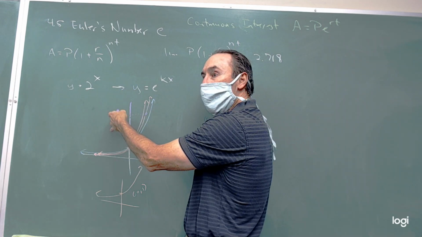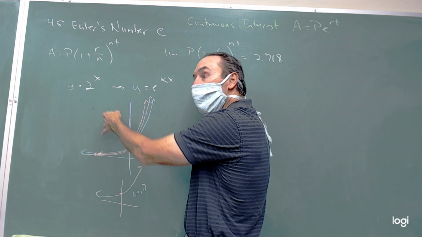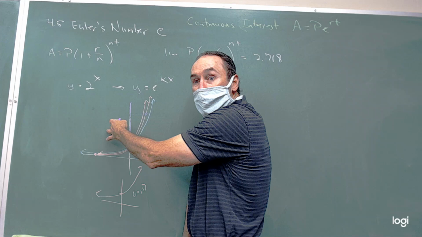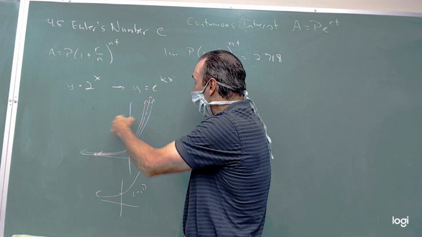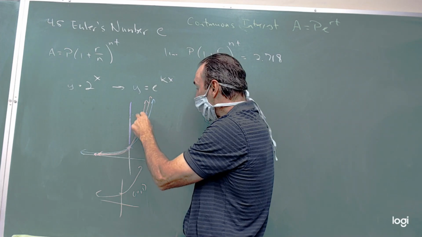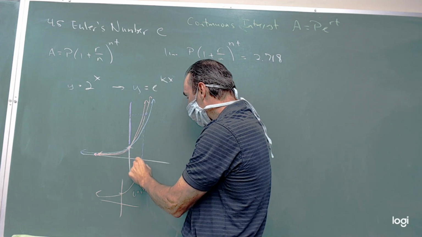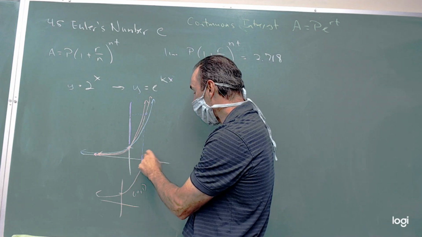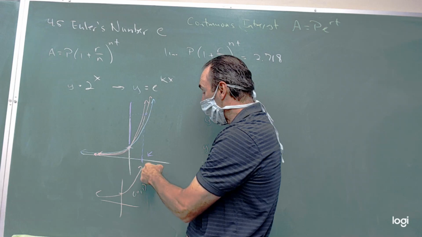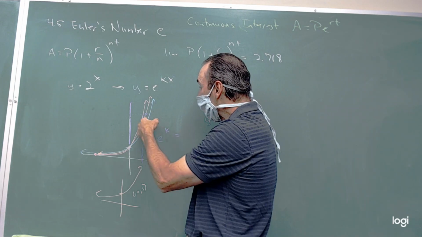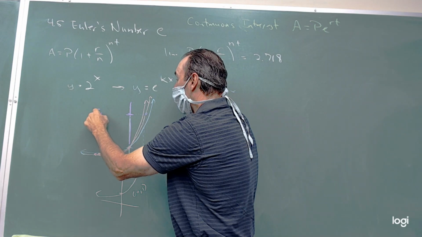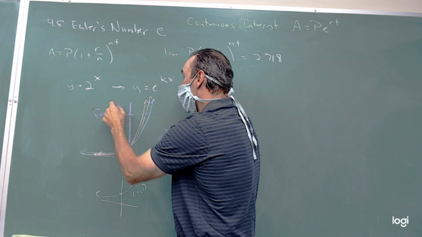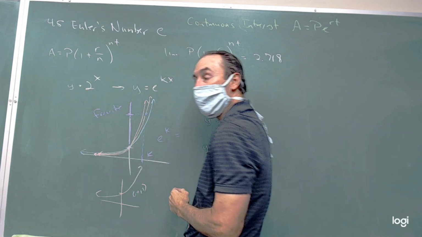Pick any number you want, 5, 2, 3, 100, 6.57, whatever you like. There is a place on that curve, which means there is some x value, I'm going to call it k, so that e to the k is equal to whatever your favorite number might be, or whatever base we might have that's bigger than 1.